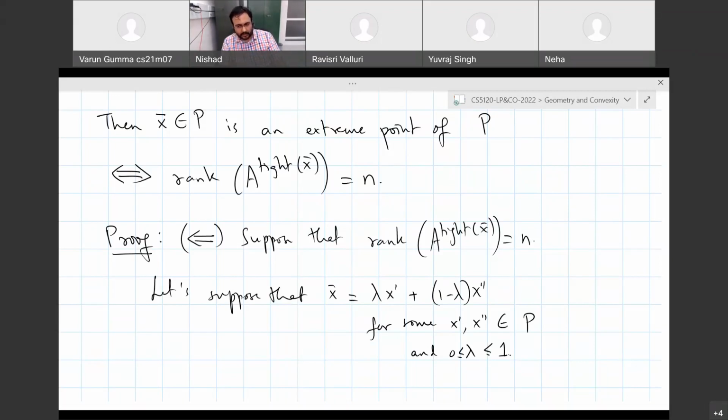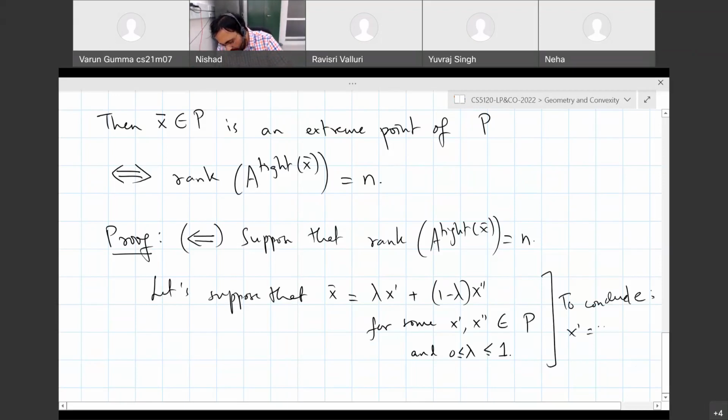Therefore, it cannot be the convex combination of two distinct points.